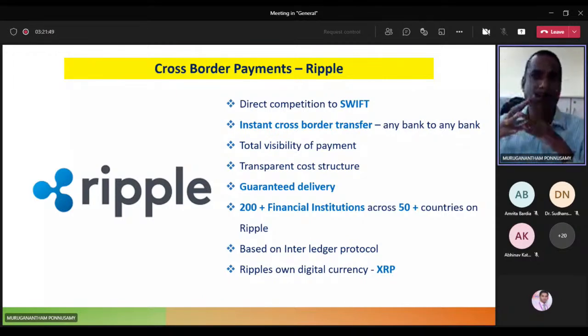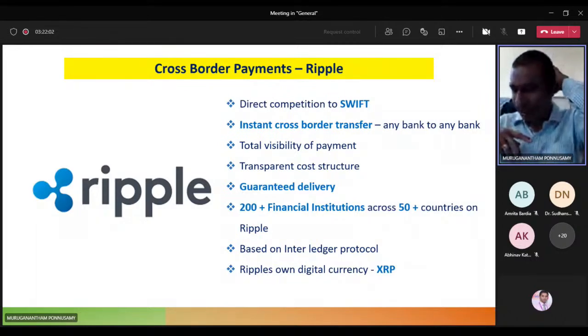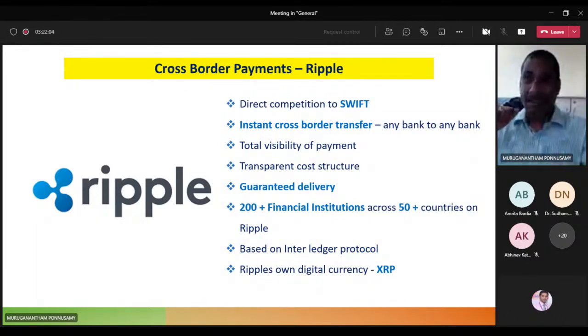This is called XRP, Ripple. Again, it is a decentralized cryptocurrency native to the RippleNet payment platform. We always say there is no boss and no central system, but at the micro level there is a boss: the RippleNet payment platform, which might be owned by some people, right?